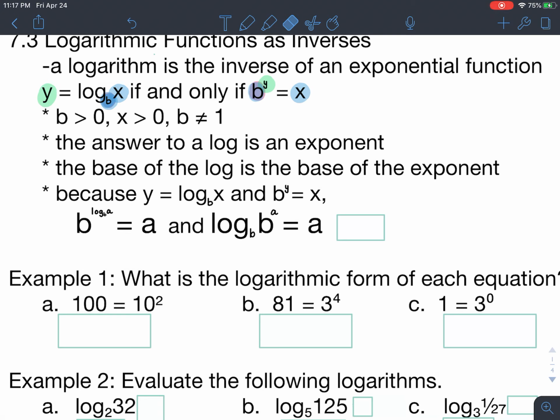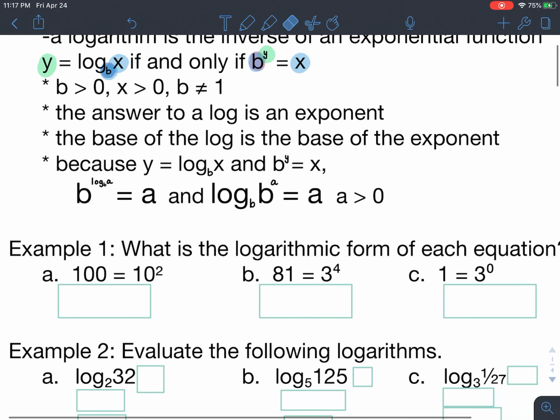I think this will become clearer once we practice some problems, but these are very important identities that you're going to have to remember for the future. They actually come up a lot in calculus, especially the first one, and students really have trouble remembering that, but it does come up often. And this is just a little restriction on the side here that a has to be greater than 0 for this to be true. So a has to be positive.